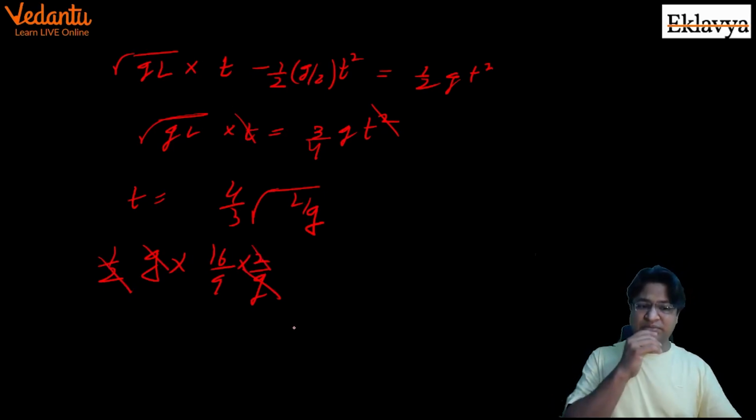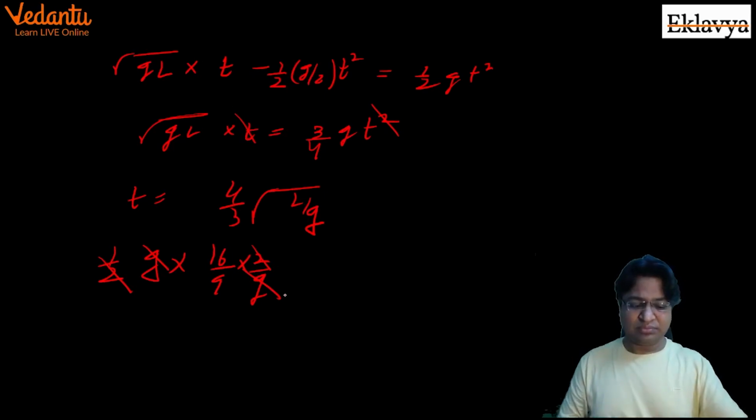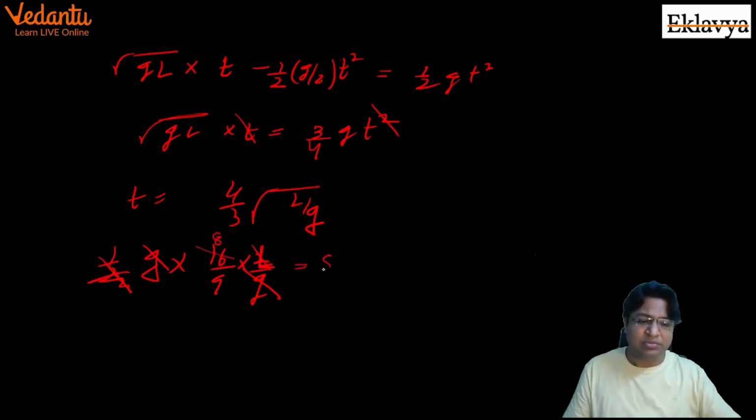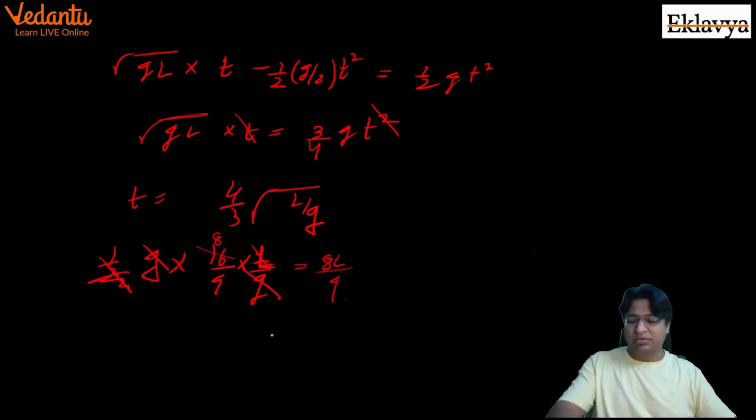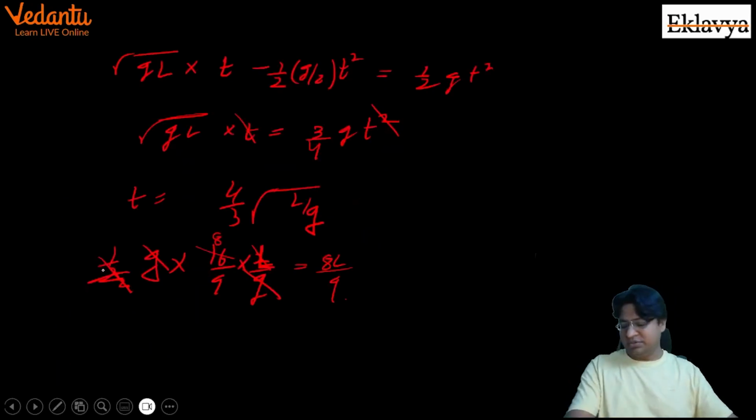Did I commit some mistake? Oh, my bad, this was L, this was not 2. So this 2 is here. This gets cancelled, so it becomes 8L by 9, which is the right answer here.